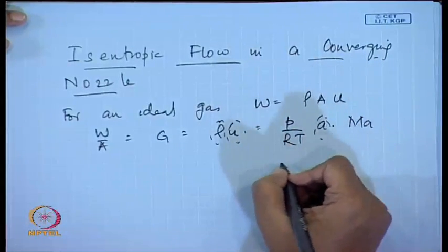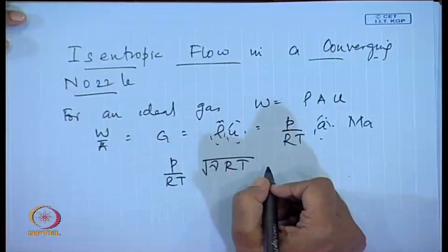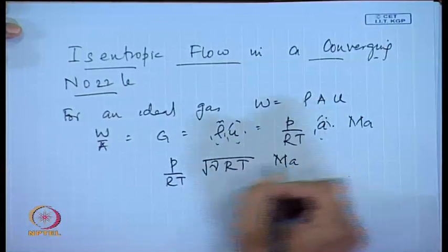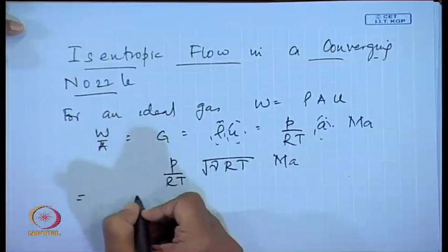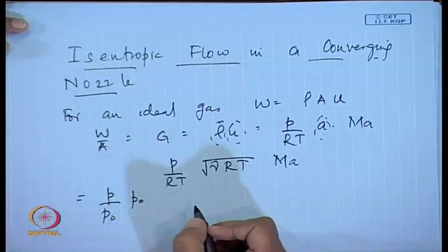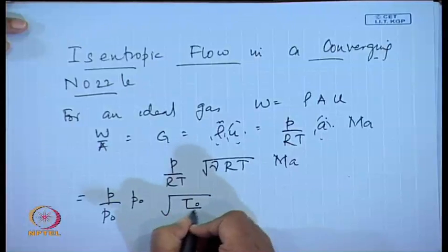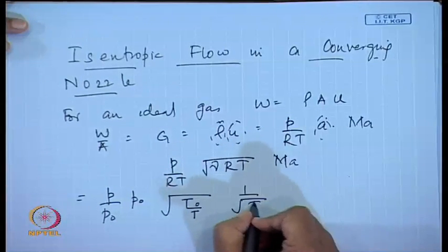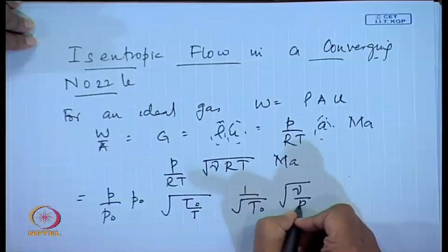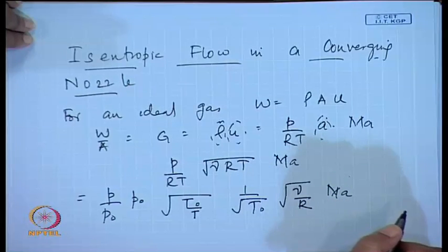This a can be written down as root gamma RT, into Ma of course. After this we can just rearrange and write P by P0 into P0, we can do this, yes or no? Root over T0 by T, root 1 by T0, fine, root gamma by R into Ma. Can this be done?